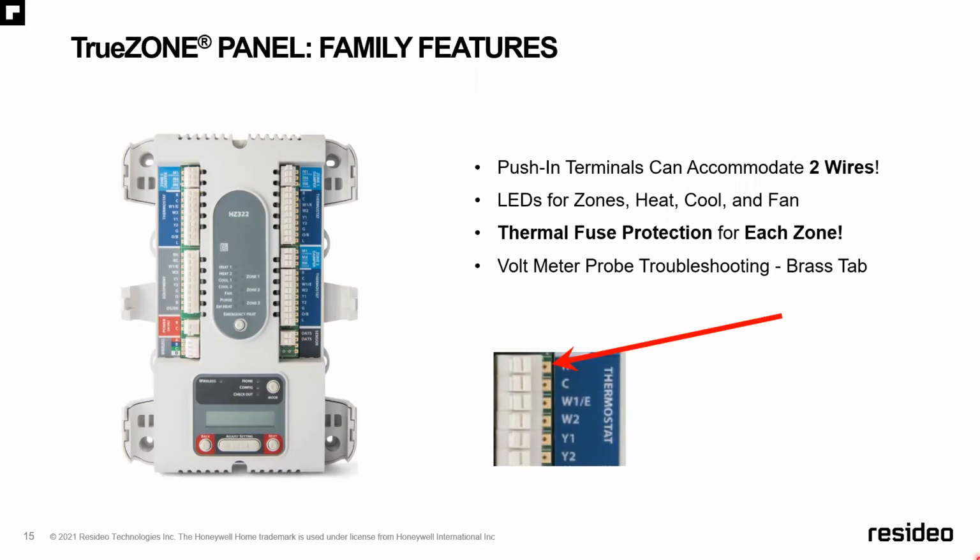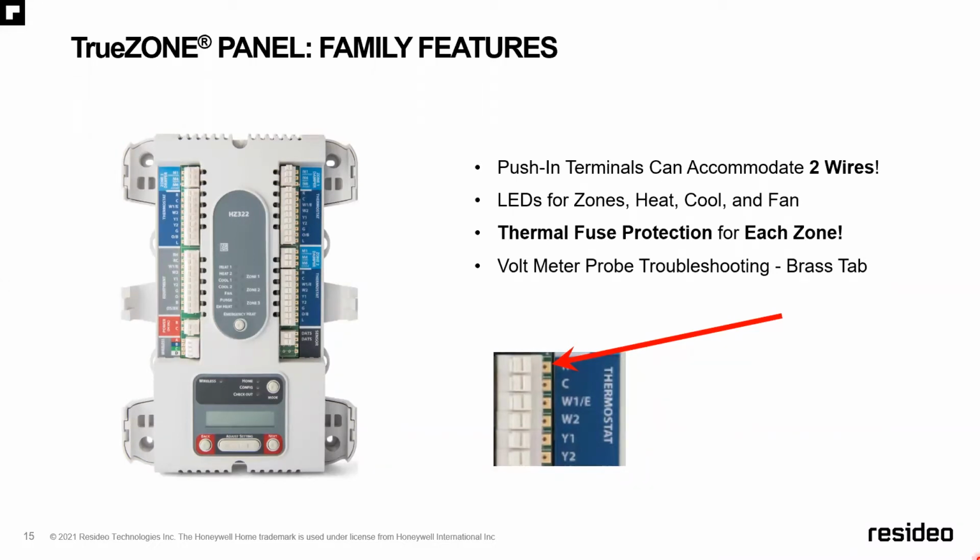And why that's so significant is so that if you overload it with too many dampers by not taking the time to read the installation operation manual, or heaven forbid, if the new homeowner is driving a nail through your thermostat wire, the thermal circuit breaker will open up to prevent any damage to the zoning panel, but it'll still allow the zoning panel to operate just that one zone. It's going to be out of commission until you address it.